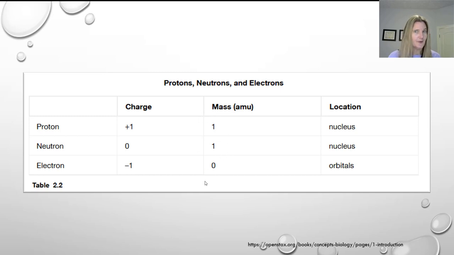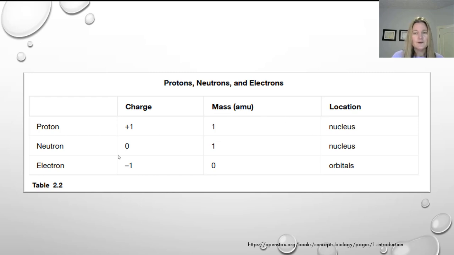Now electrons, they also have mass to them, but it's such a minute amount that we don't classify it as having much mass. So we just keep it at 0. It's a little bit above 0, because it is made of matter, but we will just consider it 0 atomic mass units.